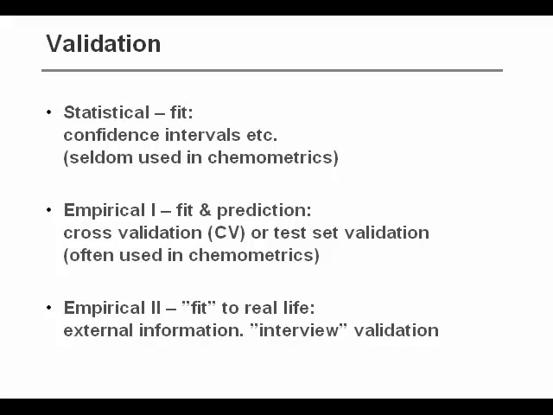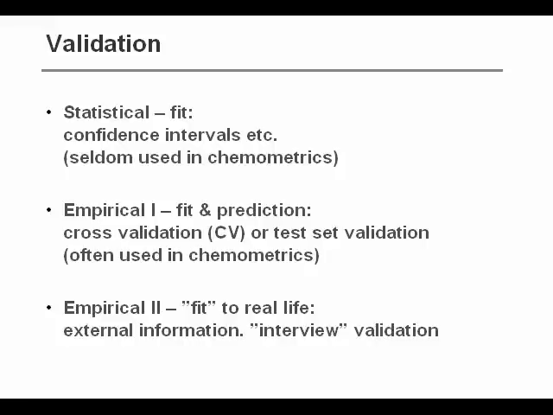Before we talk about the specific validation, it's also important to note that there are different levels of validation that you can perform. For example, we have statistical validation, where we, for example, build confidence intervals. We seldom use that in chemometrics, for one thing because we simply don't have the right equations to use.